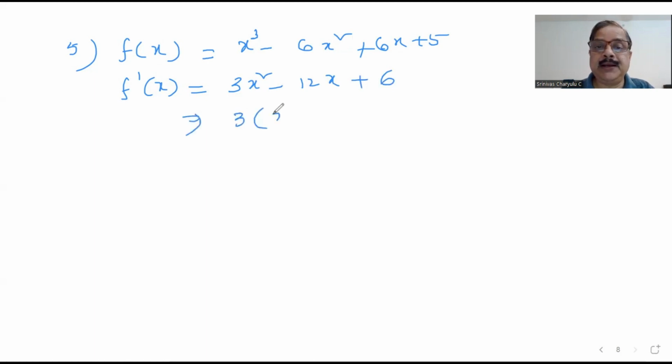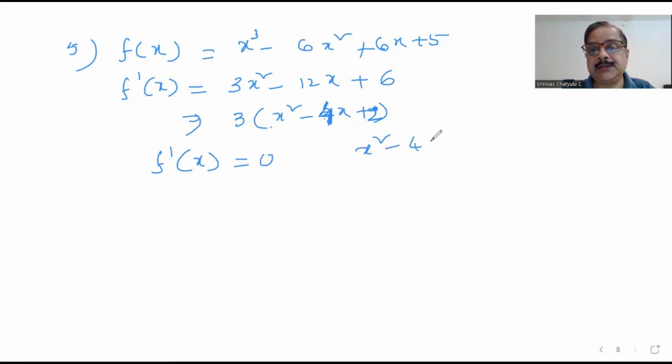So 3 open the bracket, x square minus 4x plus 2. Taking out the common factor 3, f dash x will be equal to 0, then x square minus 4x plus 2 is equal to 0.